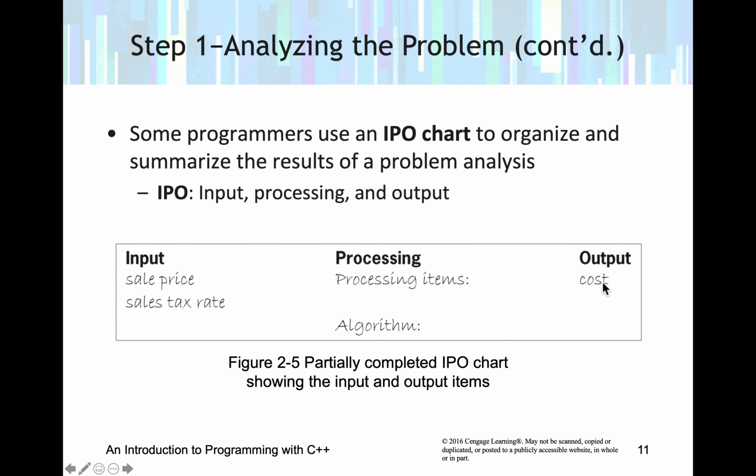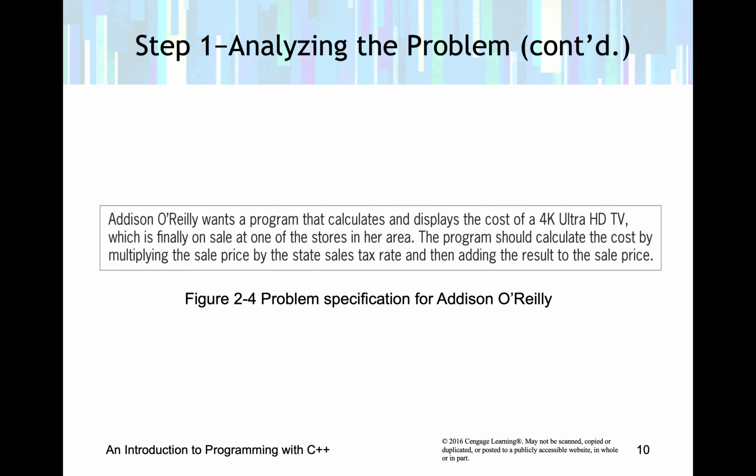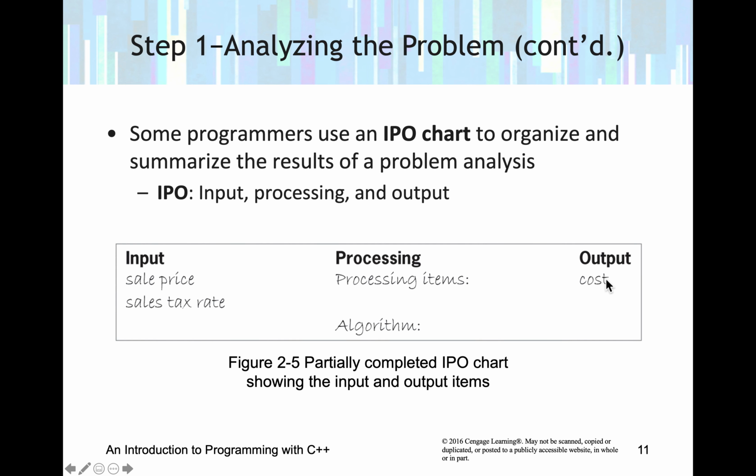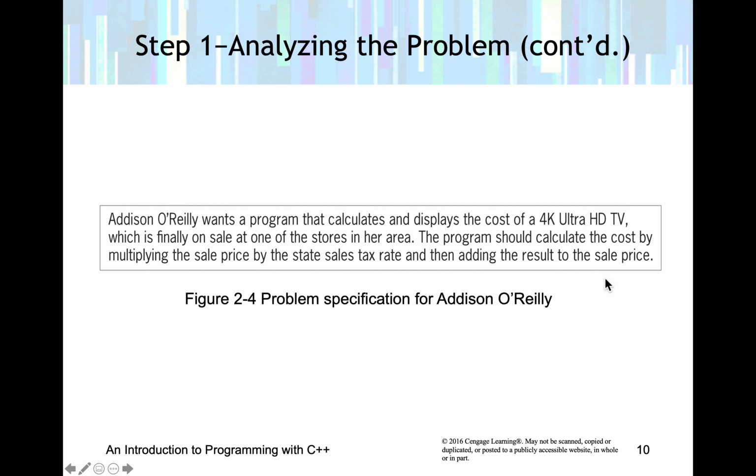So again, we always want to start with the output. So the output, going back to the problem, if you read it here, it says the program should calculate the cost. So that's going to be your output. That's what we do here. It's going to calculate the cost by multiplying the sale price by the sales tax. So you've got to know the price, you have to know the tax.